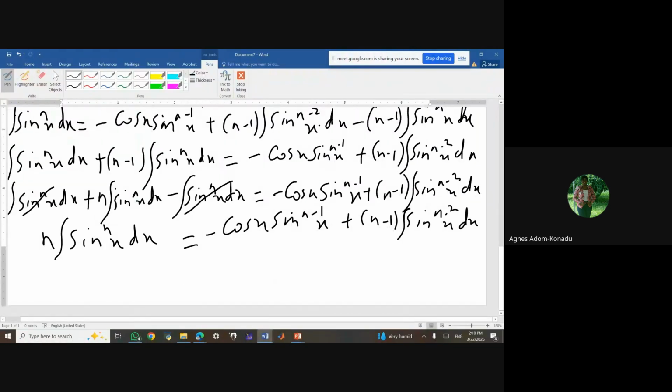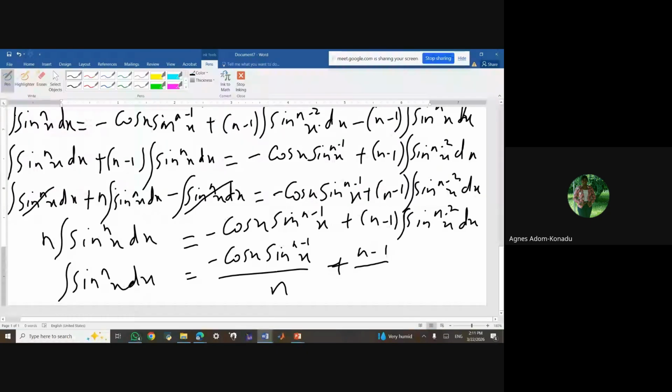But I want to find integral of sine to the power n x dx. So I will divide through by n. So I have integral of sine to the power nx dx is equal to negative cos x sine to the power n minus 1x divided by n plus n minus 1 over n integral sine n minus 2x dx.